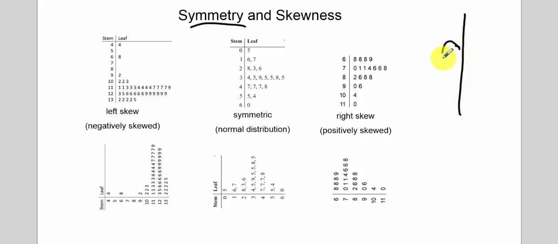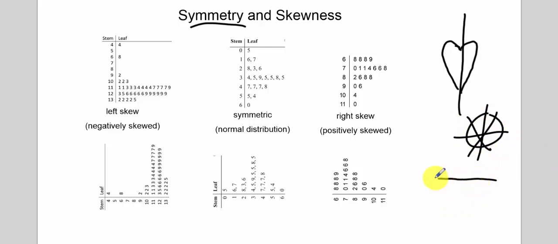Like, for instance, a heart is symmetric because you can flip that heart over a line in the middle and it flips over to the other side, if I would have drawn a good heart. A circle is symmetric because you can draw a line through the center and it will fold over onto itself. A rectangle is symmetric because you could draw a line down the middle one way and down the middle another way, and it flips over onto itself.